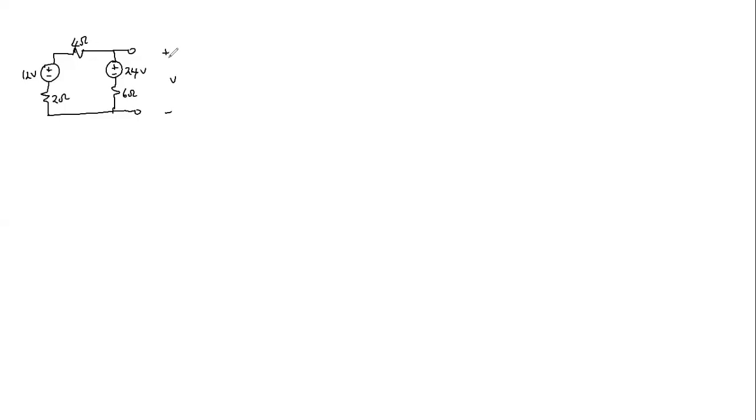So technically, recall that we could replace the voltage source connected in series with a resistor by a current source connected in parallel with an equivalent resistor, where RS, this is IS, VS, provided they are related by Ohm's law.